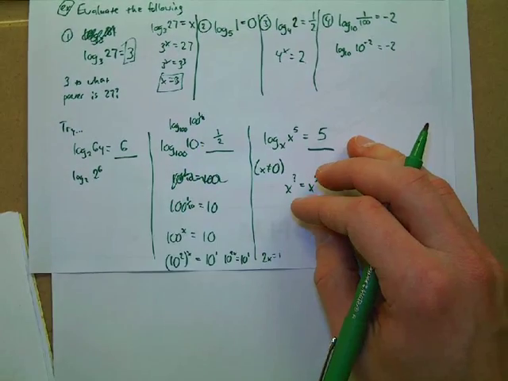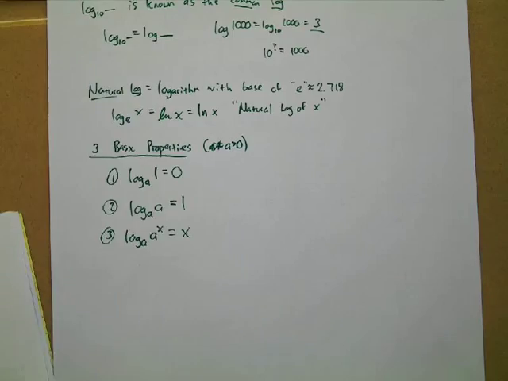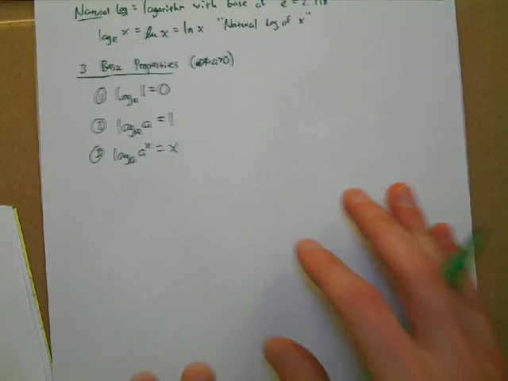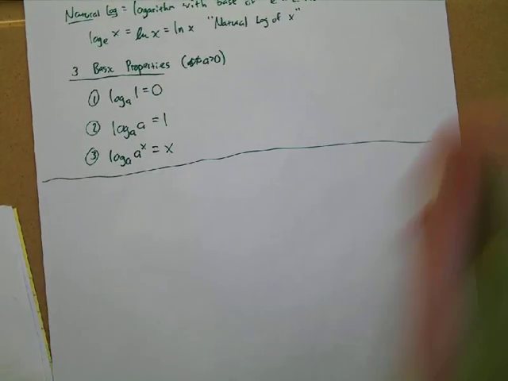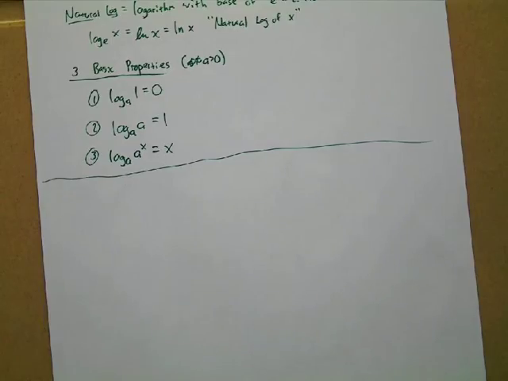All right. And then the last thing I want to do here is just look at what a graph of a logarithm looks like. Okay? So, let's take a look at the graph of log base 3 of x.